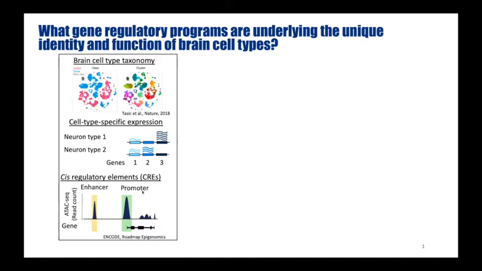In the old days, like in the ENCODE and Roadmap projects, people used ChIP-seq, DNase-seq, or also ATAC-seq data to map those cis-regulatory elements at the bulk level.